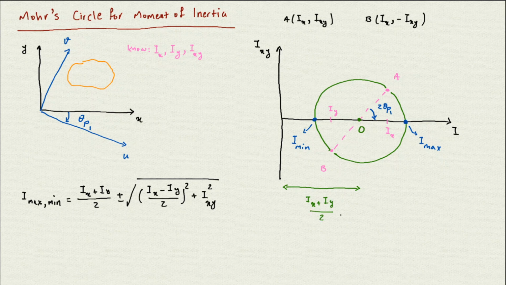If you compare this with this equation, you will see that you have Ix plus Iy divided by 2, and this is exactly the location of the center. So this part is the location of the center on the y-axis. The first part of the equation tells us where the center of this circle is located, Ix plus Iy over 2.